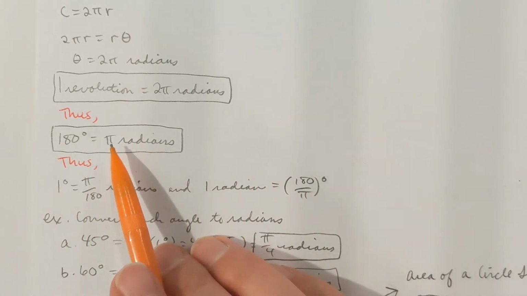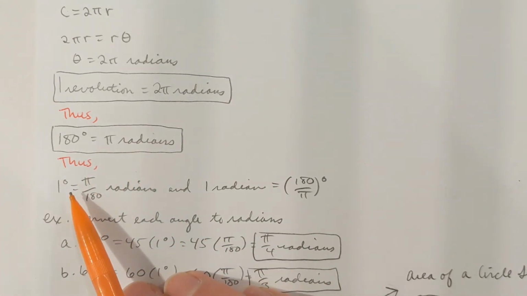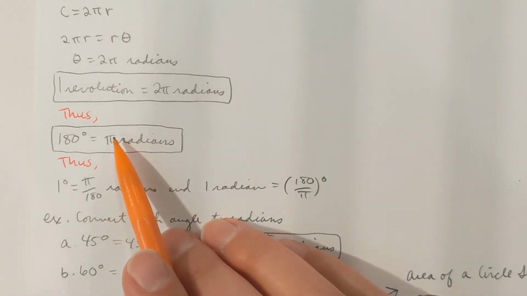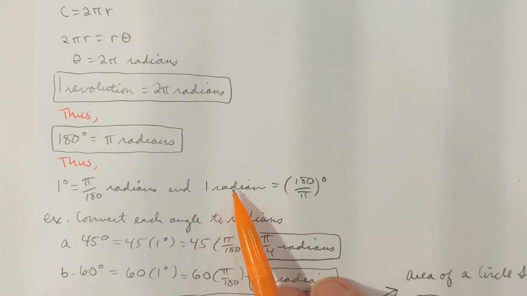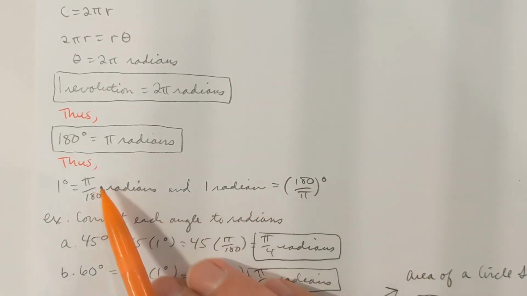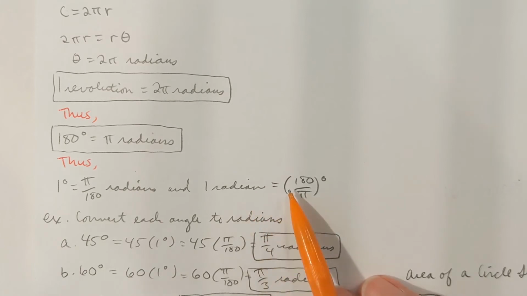Okay, now in this equation here, if I were to divide both sides by 180, 1 degree would be the same as pi over 180 radians. And if I were to divide both sides of this equation by pi, 1 radian would be the same as 180 divided by pi degrees. These would be the general formulas that would allow you to change from degree mode to radian mode and radian mode to degree mode. You'll want to make sure that you know that.